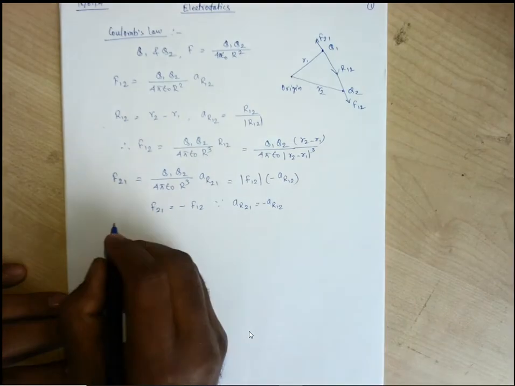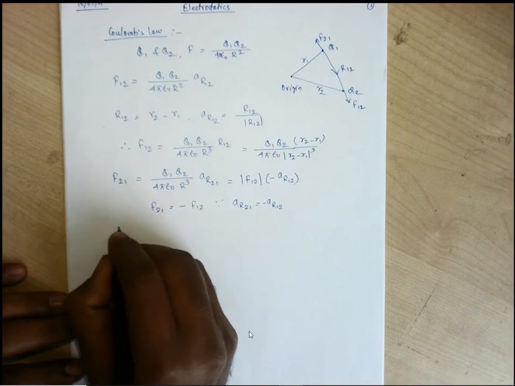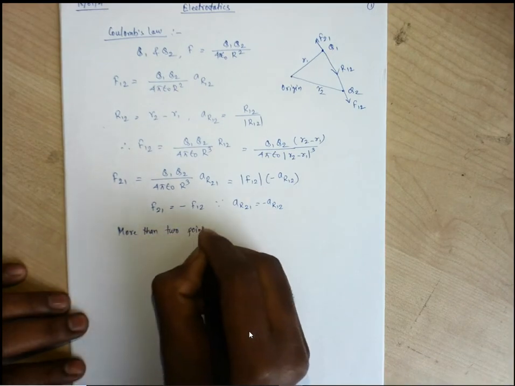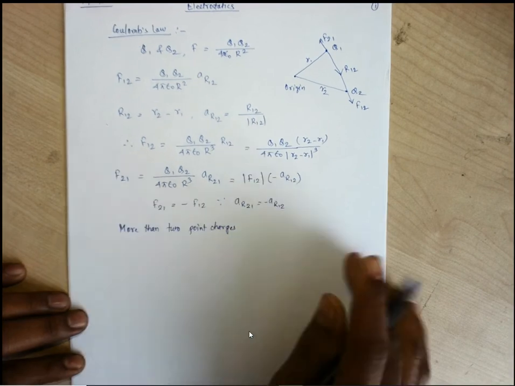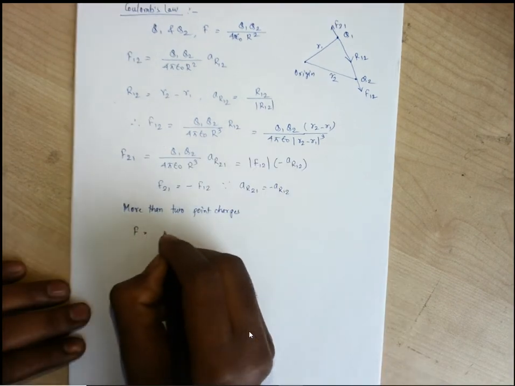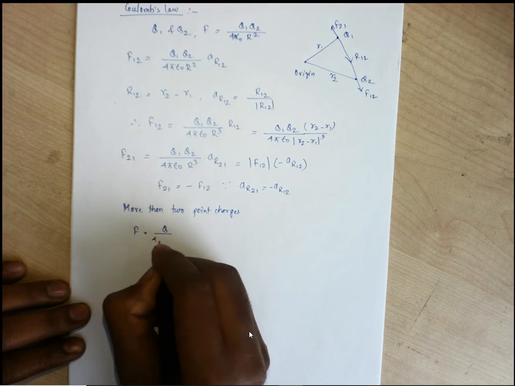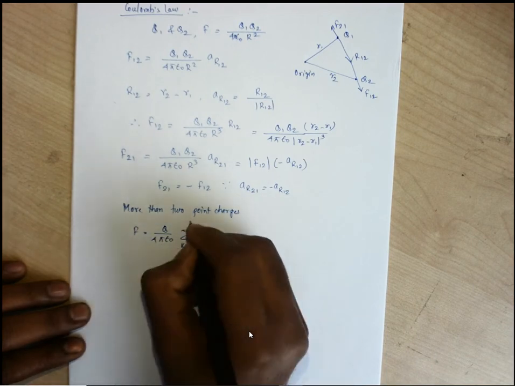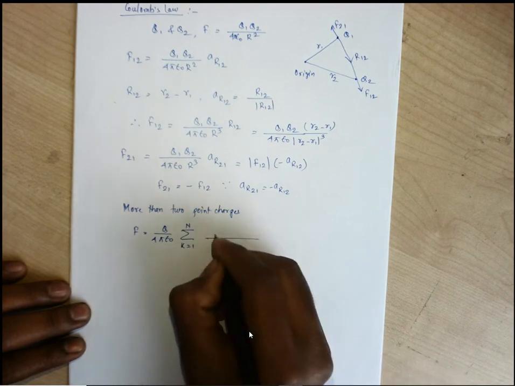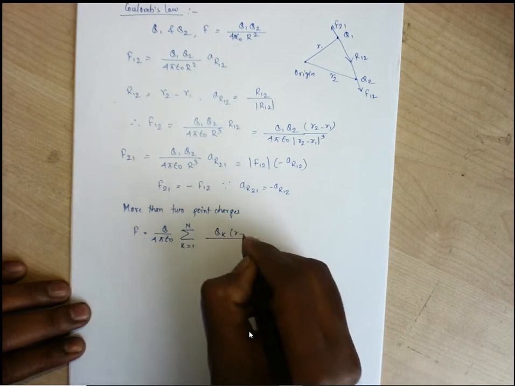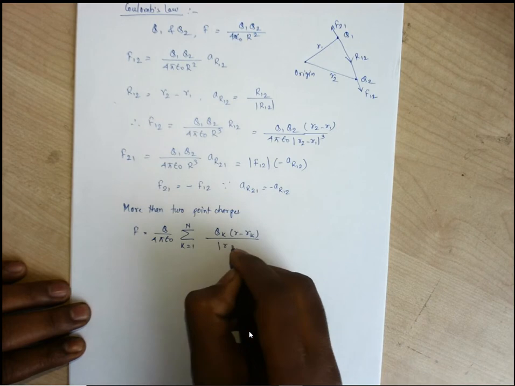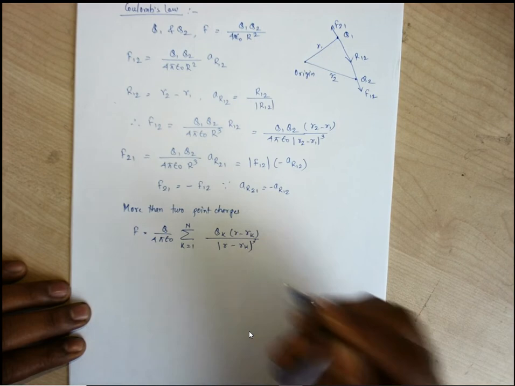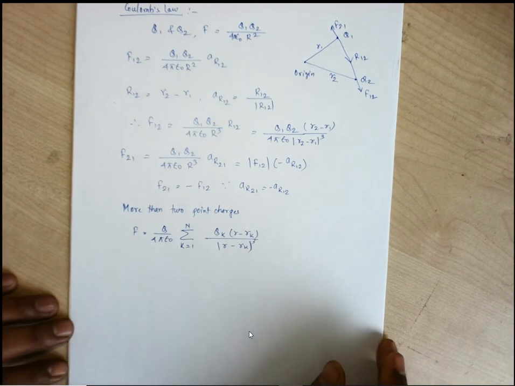So if there are more than two point charges, then we take the superposition, something like Q by 4 pi epsilon naught, summation k equals 1 to n, Qk (r minus rk) by mod of (r minus rk) whole cube, like this. Okay, so these are some basic concepts.